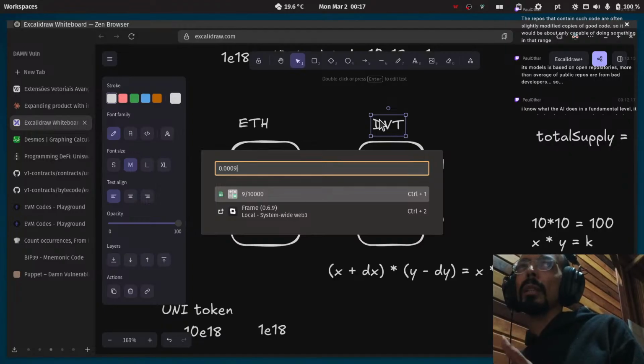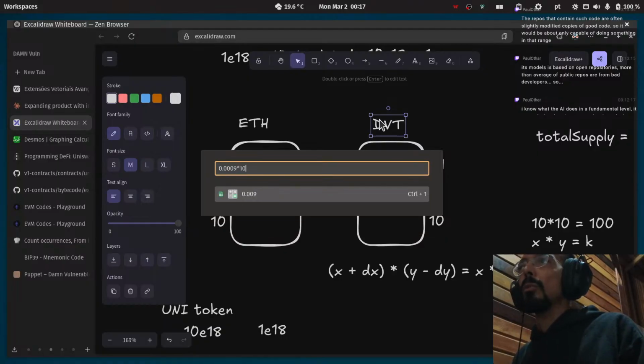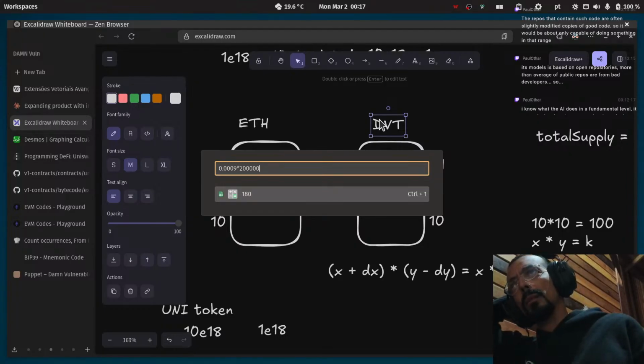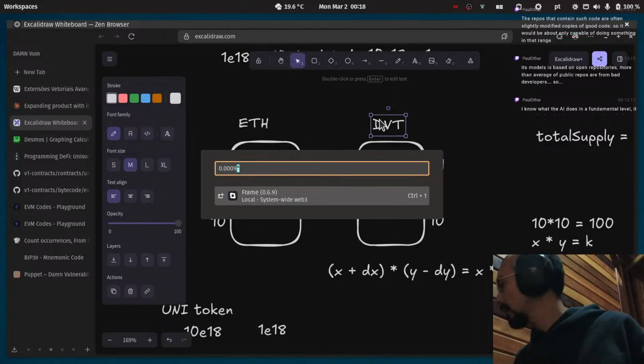They have 100,000 DVT available, with the requirement of double of this. So that should be this, right? So I just need to have, wait a second, 180. No, that's the price.